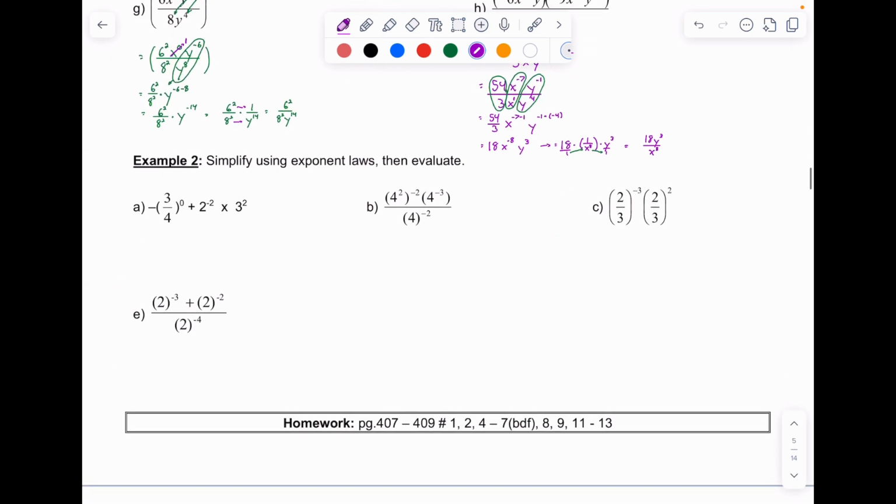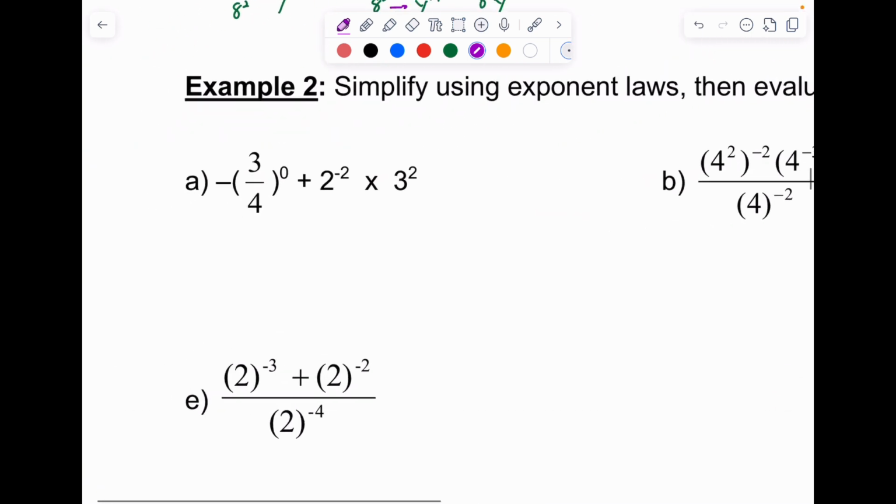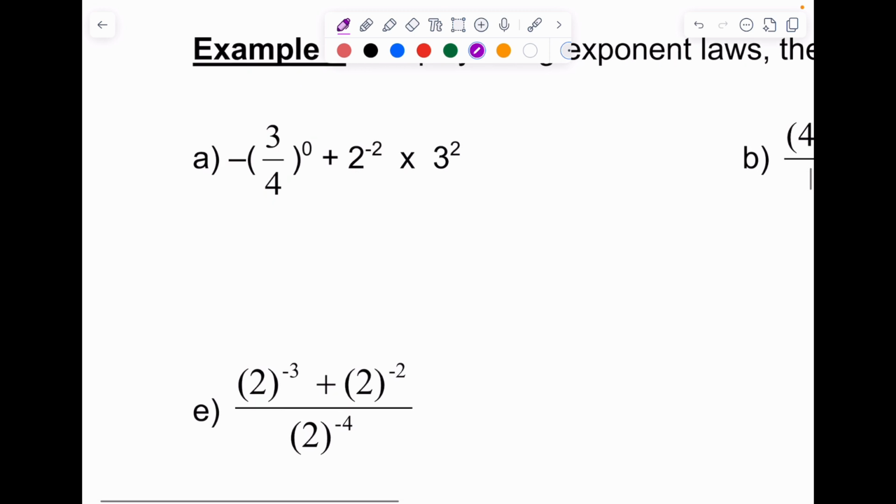Okay, example 2. Well, we have negative 3 to the quarters to the 0 plus 2 to the negative 2 times 3 squared. Follow BEDMAS here, okay? So deal with brackets, exponents, division, multiplication, addition, and subtraction.